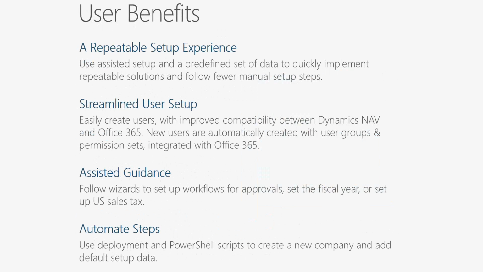With NAV 2017, Microsoft is making steps in the direction of freeing you up to have access to your data, to be able to create reports and data connections, to do that all by yourself without relying on a partner, and in some cases without even having to rely on internal IT, to actually empower your users to get the data that they need in front of them all by themselves.